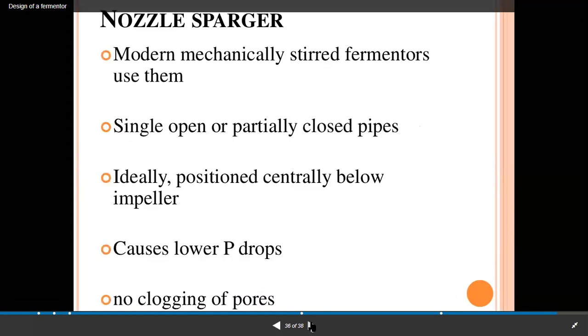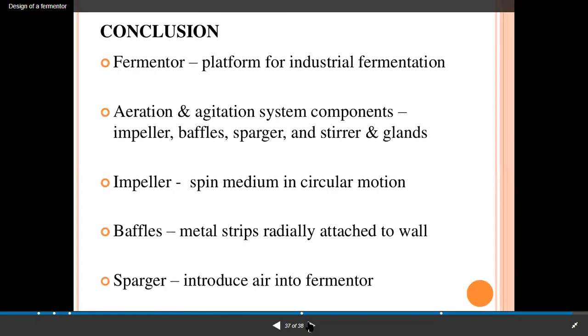And then coming to nozzle spargers, a modern mechanically stirred fermenter uses them as single, open or partially closed pipes, ideally positioned centrally below the impeller, causing lower pressure drops, no clogging of pores. Okay, this is about the fermenter design. The fermenter is the platform of industrial fermentation. Without a fermenter, there are no industrial products.